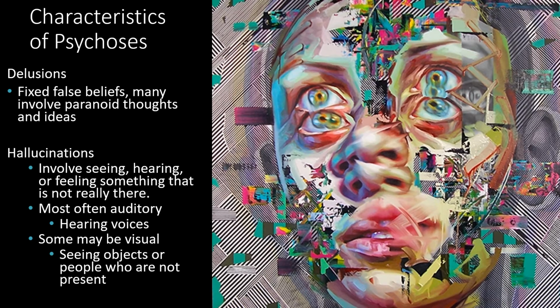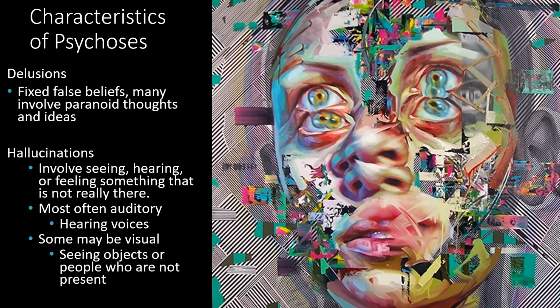Okay? A hallucination is seeing or hearing something that's just not present. So hearing voices or commands. Command hallucinations, where you're being told to do something, can actually be quite dangerous if they're of a paranoid nature, right?